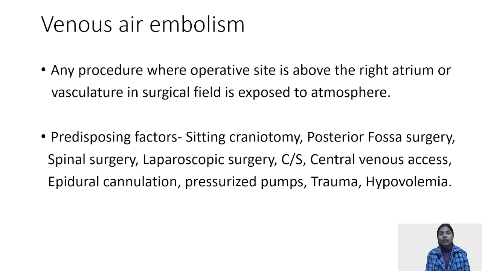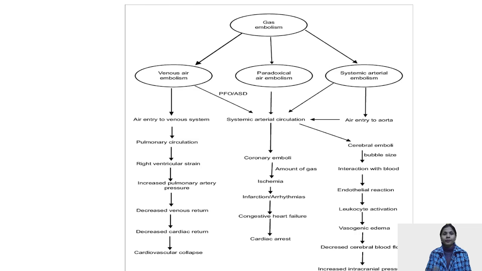Then you can have posterior fossa surgeries, laparoscopic surgeries, and cesarean sections, then central venous access, epidural cannulations, even trauma and hypovolemia. They can all lead to venous air embolism.